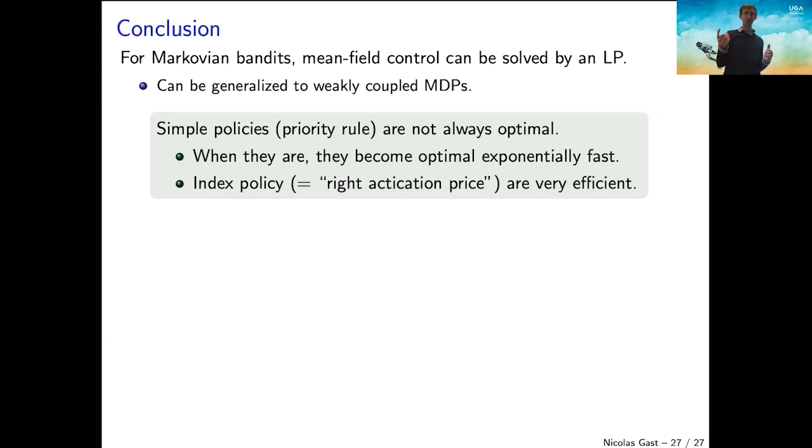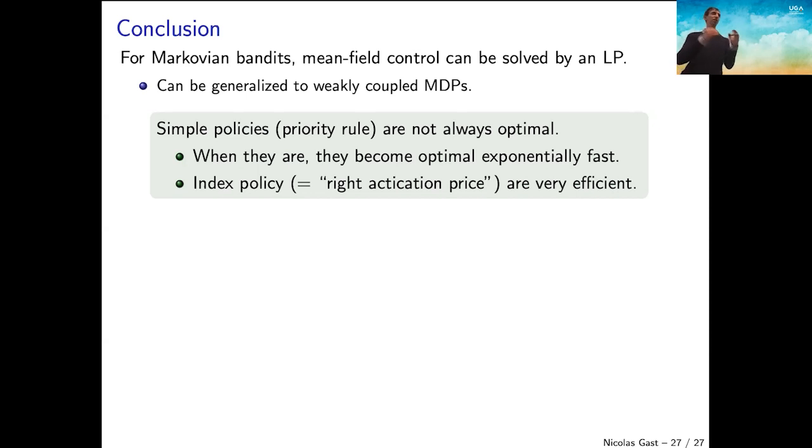What I presented was to say, okay, now we have priority rules. There are many cases that are asymptotically optimal, and in general, when they are asymptotically optimal, they become so at an exponential rate, and I think that's good. And when they are not asymptotically optimal, most of the time they are still good heuristics, but anyway. Now results like this do not translate directly to weakly coupled MDPs.